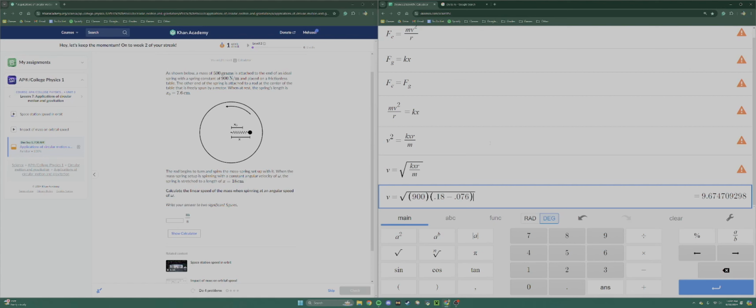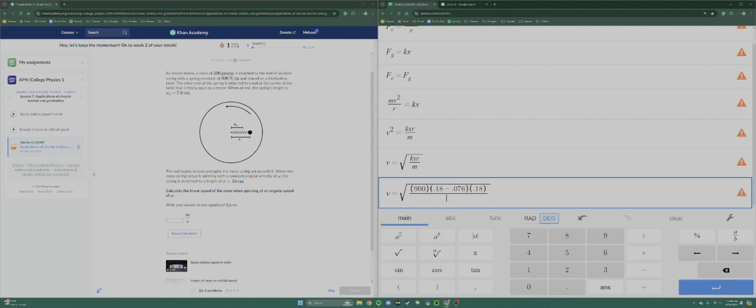And our r is going to be the radius of the circle, which is 0.18, because when the spring is stretched, it's going from this point all the way to the end, so that's also the radius.